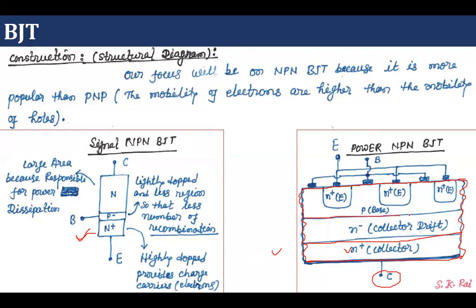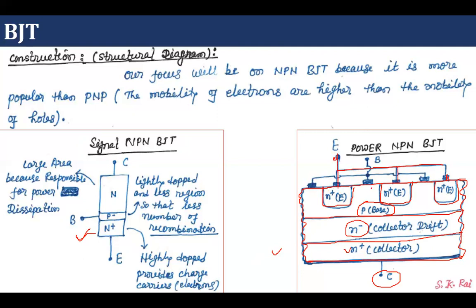And then we have to draw another area which is lightly doped N region, that is N minus. Minus represents lightly doping, so this is N minus. And then in the third region we have to write P type semiconductor material, and within the P type we have to draw a number of wells, and all wells will be N plus, and connect all the N plus at a single point, which is going to behave as emitter terminal.